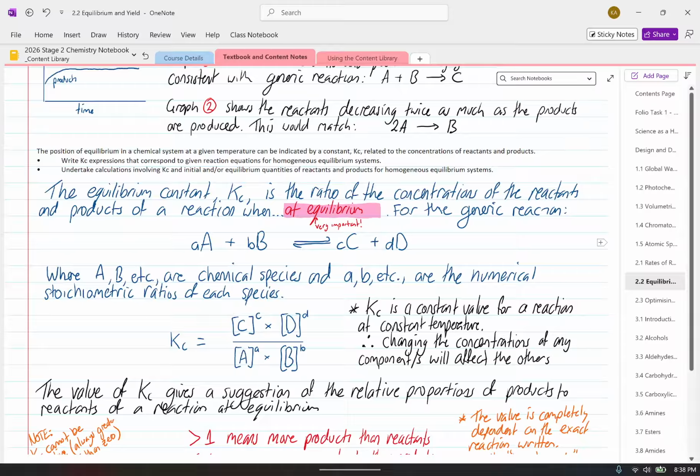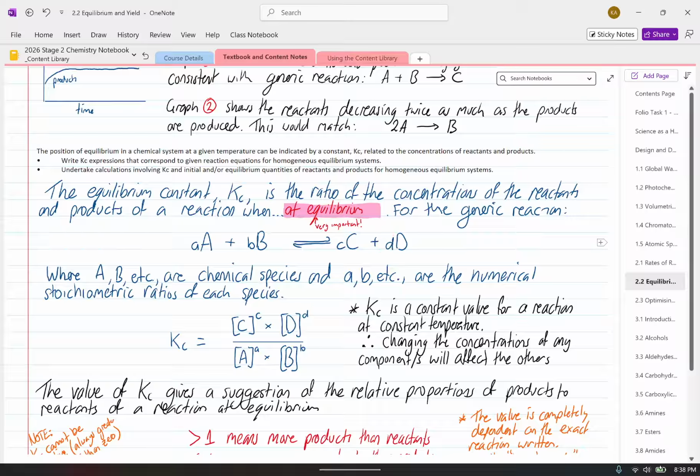So in this case, we have the concentration of species C raised to the power of its stoichiometric coefficient lowercase c, and multiply that by D with its stoichiometric coefficient as its power. So if lowercase d was a 2, this would be squared. If it was a 1, we would just leave it as it is.